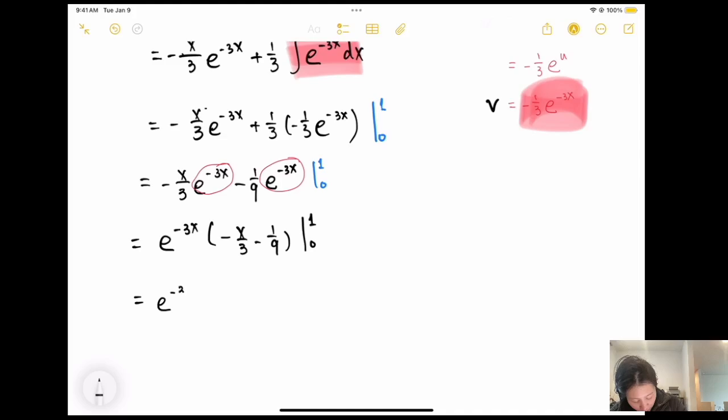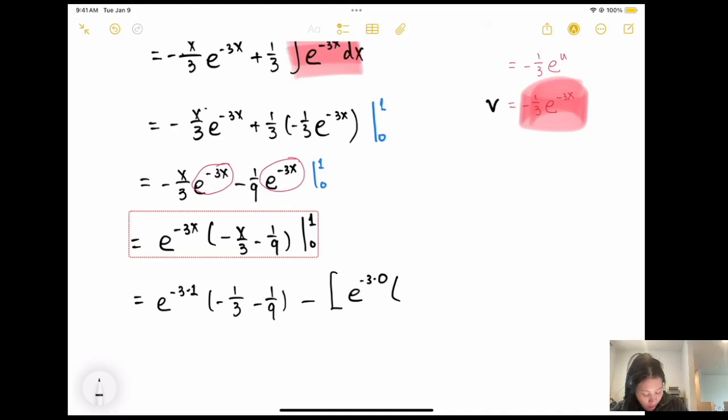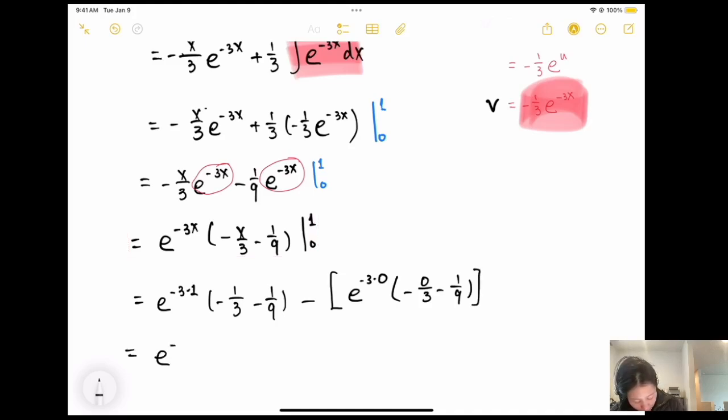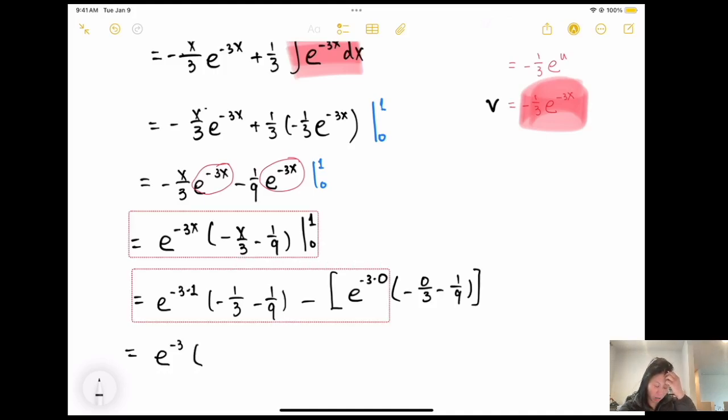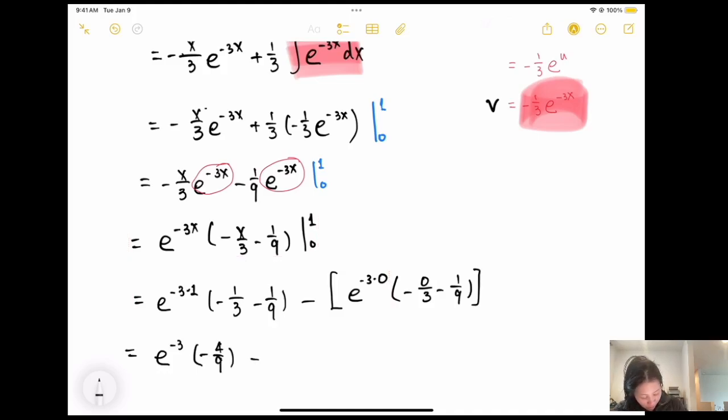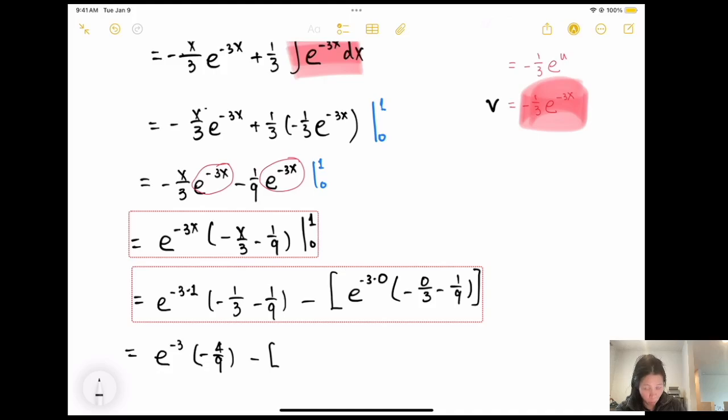So e to the negative 3 times 1, and then negative 1/3 times 1, minus the whole thing, e to the negative 3 times 0, times negative 0/3, minus 1/9. Okay, so I have e to the negative 3 times this part from the common factor, which is negative 4/3, minus e to the 0 power, everything is going to equal 1.